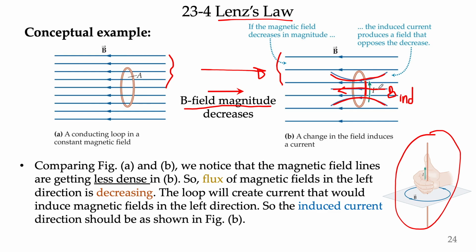That wouldn't work because we want the induced magnetic field lines to the left. So you have to hold this part of the wire so that your thumb points up. Then you can verify that your fingers would curl inside so that they will be to the left. So from here you find the current should be in this direction.